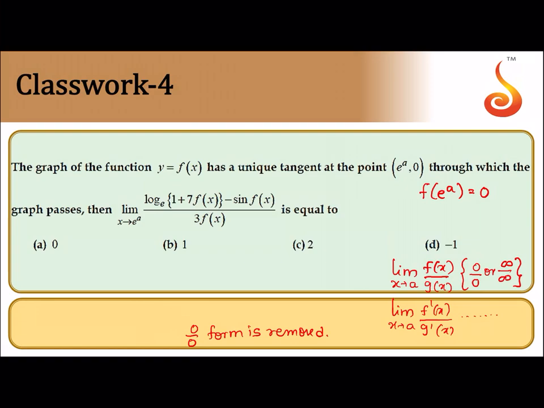The same thing will apply in this case also. I repeat once again, if the limit is in 0 by 0 or infinity by infinity form, we differentiate numerator and denominator until the form is removed. So we apply this only in this case.